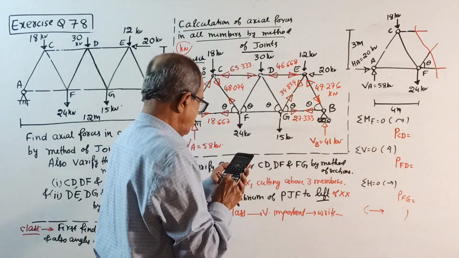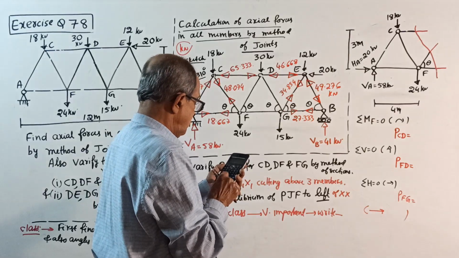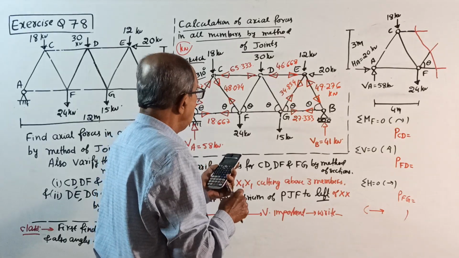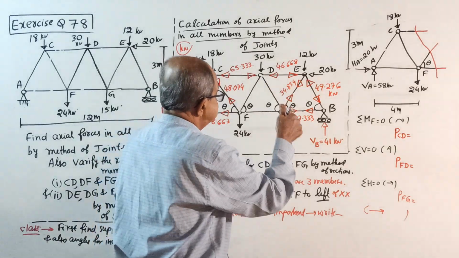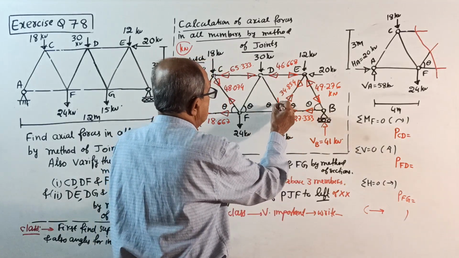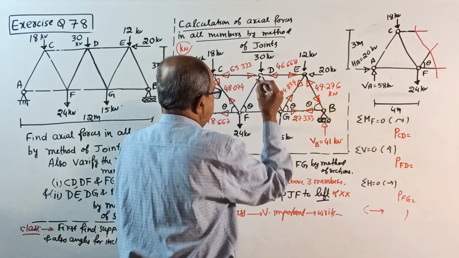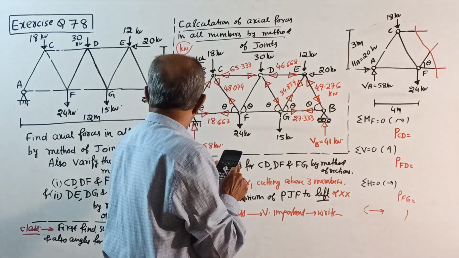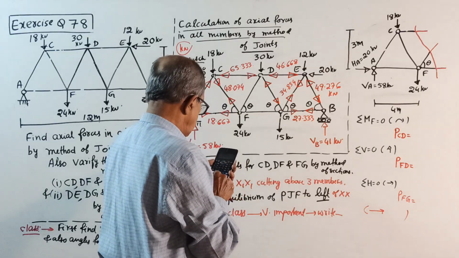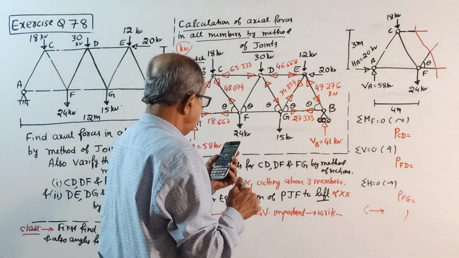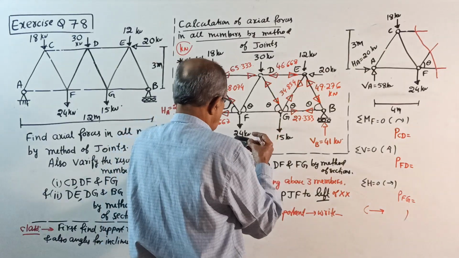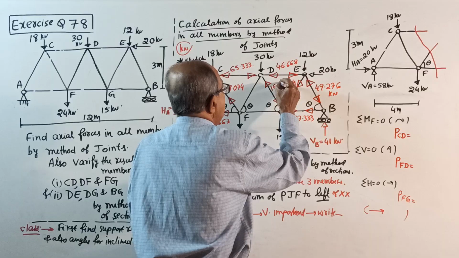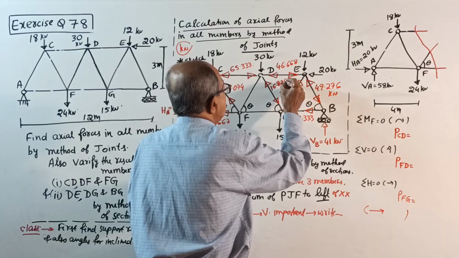Whichever joint I feel comfortable. 34.854 into sine 56.31 is 29 up, down. So this is down, up, minus 15 divided by sine 56.31, 16.826. I write here 16.826.